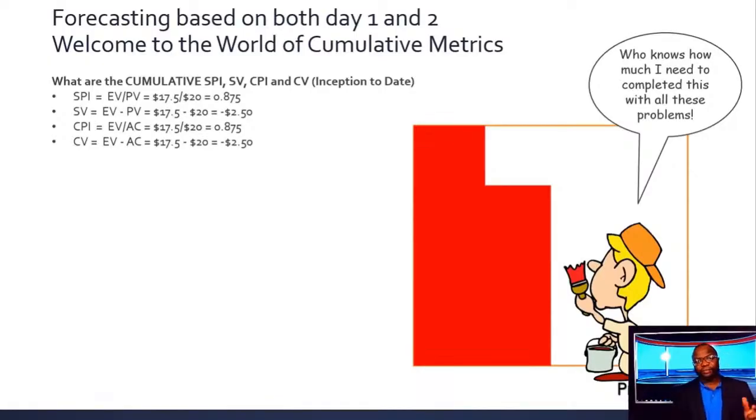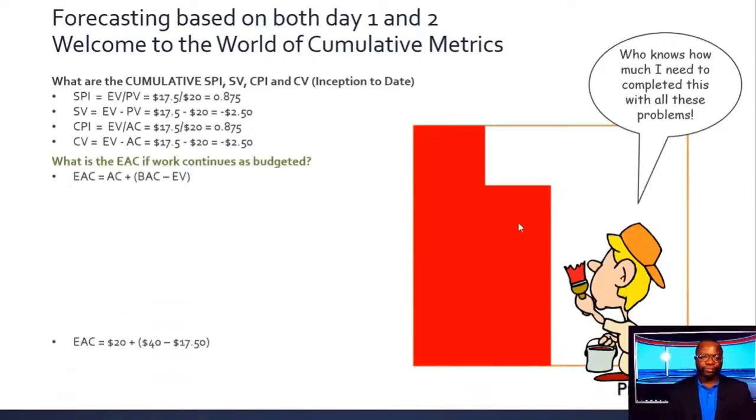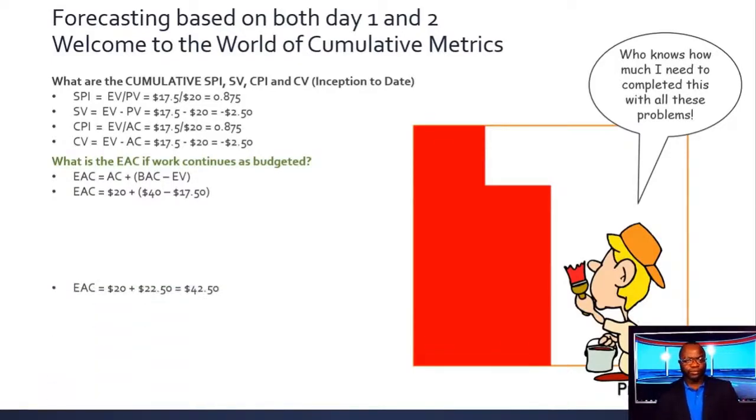Now the task becomes, what is the EAC based on various conditions? So let's take a look at the various conditions here. So let me get up my slides. If work continues as budgeted, use the formula. Simple. 20 plus 40 minus 17.50. Boom, 42.50.